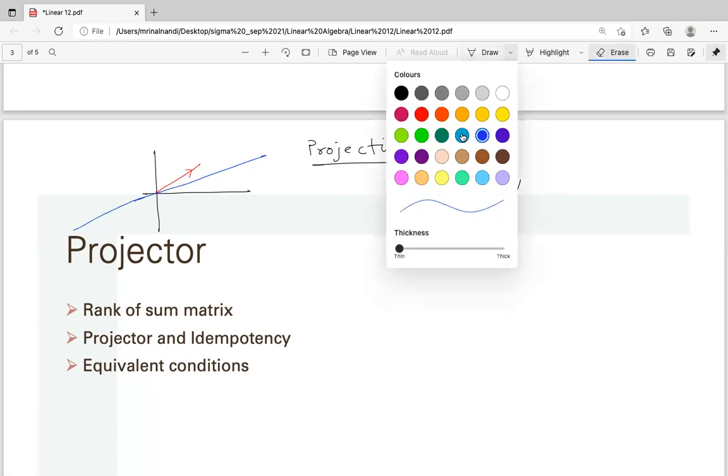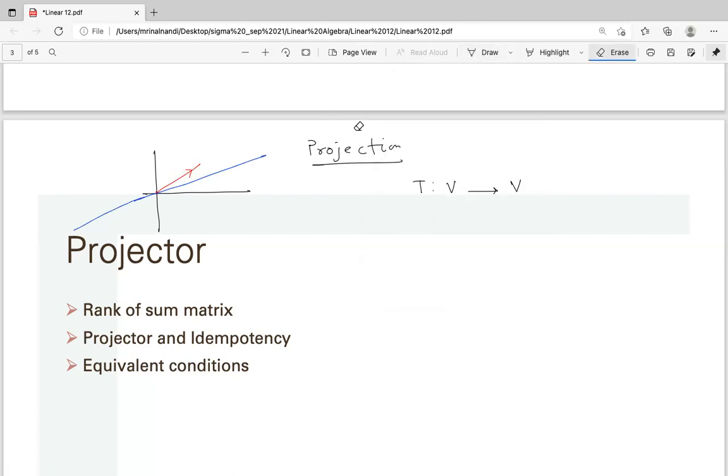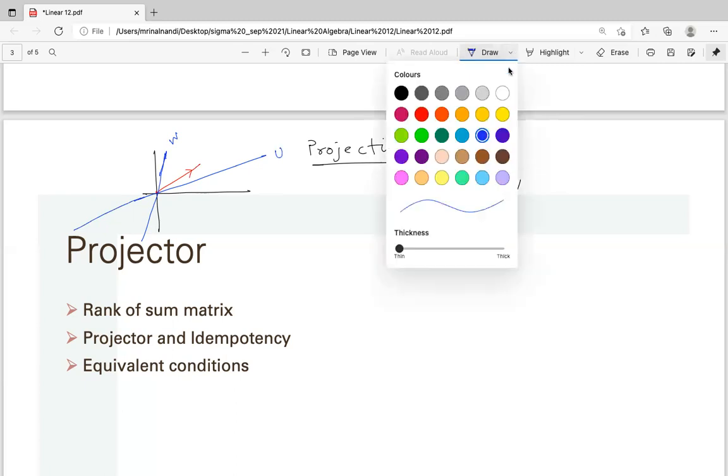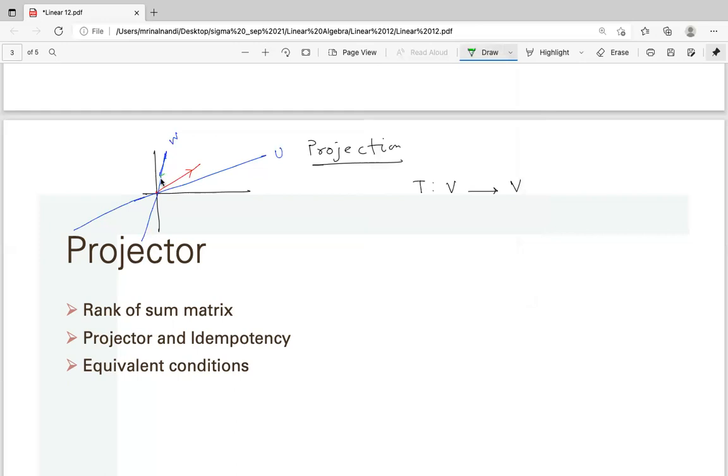So this is another subspace. Actually, they are complements of each other. So this is U, and this is W. If they are perpendicular, it is called an orthogonal complement. Later we will see this after introducing the inner product, and this vector decomposes into two different parts.